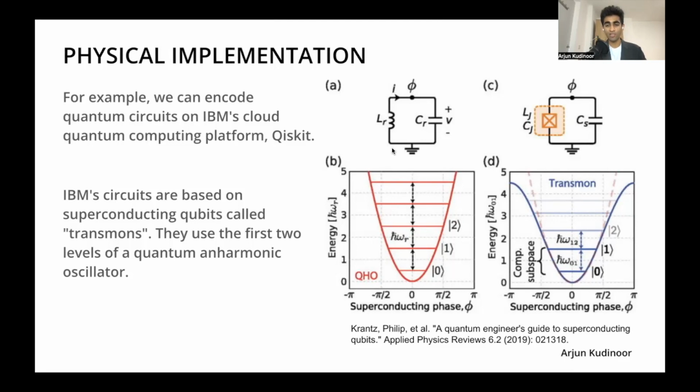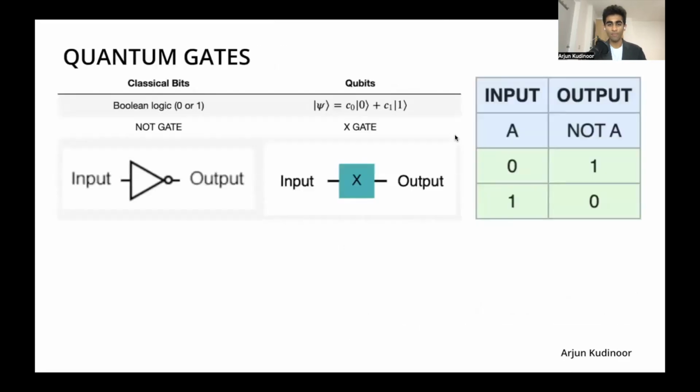And we build circuits just like classical circuits in computers today. So an example of a gate operation in a circuit is a NOT gate. Classically, it takes in a 0 and then it outputs a 1. You can do the same with quantum mechanics, where you take in a 0 state and then output a 1 state, or you take in a 1 state and output a 0 state.